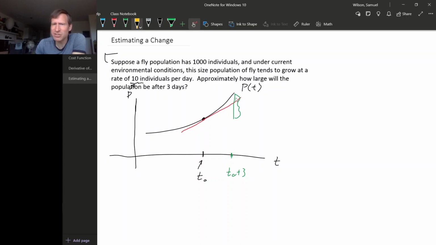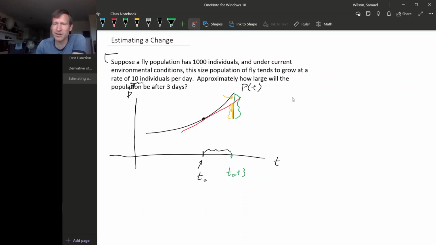But what about the tangent line? Well, the tangent line goes up by this yellow amount right here, which isn't the same as the green amount. You can see that it's smaller. But as long as we don't go too far off into the future, these two values, the change in the tangent line and the change in the function, shouldn't get too far apart.